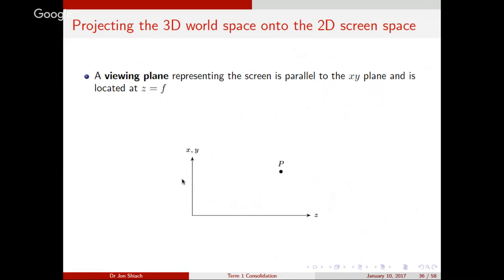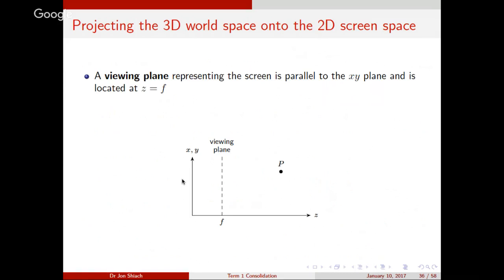How do we do this? Again, I'm going to take it down to 2D just for ease of drawing the diagrams. This is my aligned world space. Get rid of that viewing plane. Let's say we have a single point in the world space. Here is the z-axis, so the camera is here looking along the z-axis.